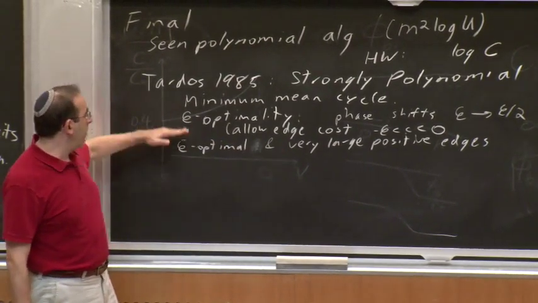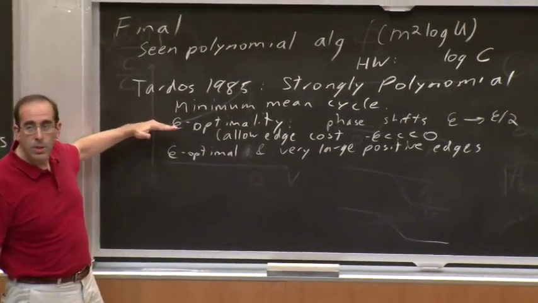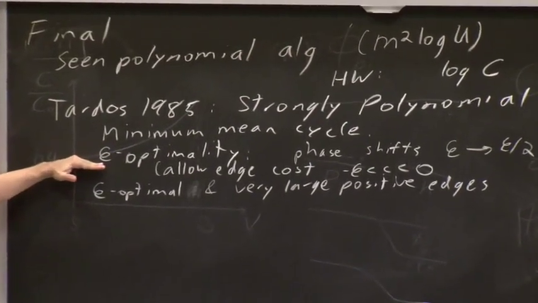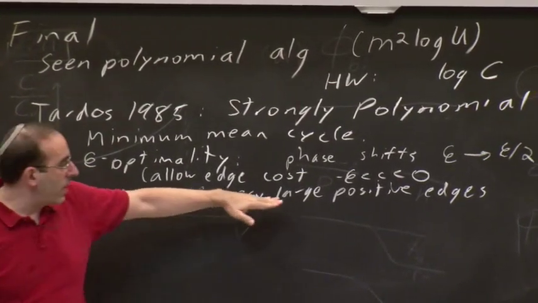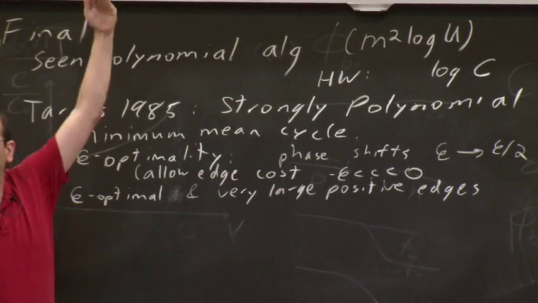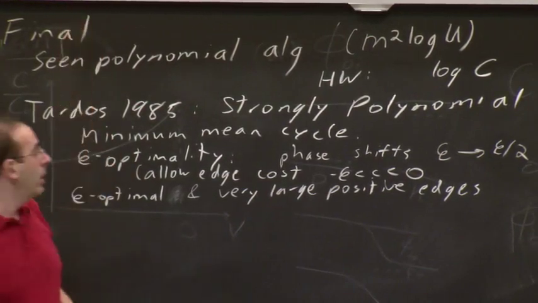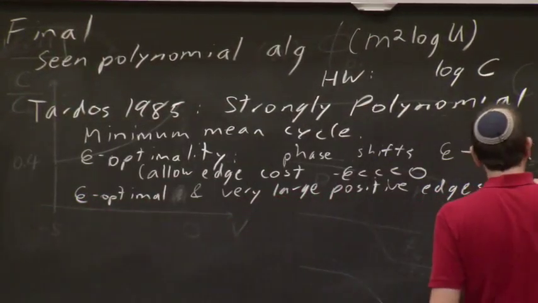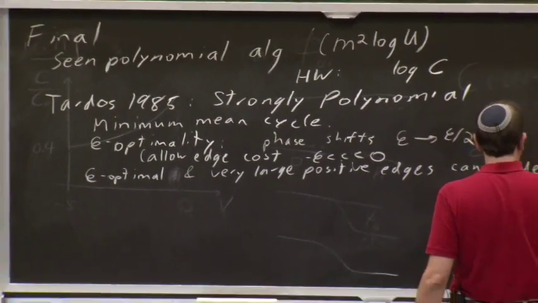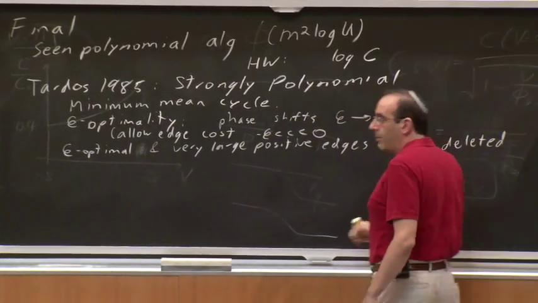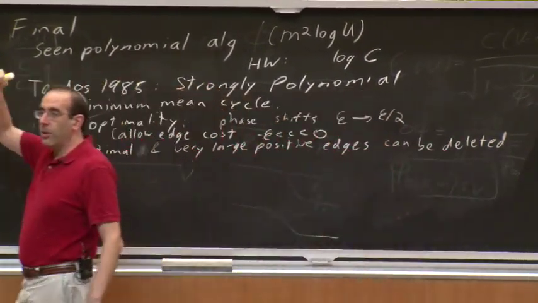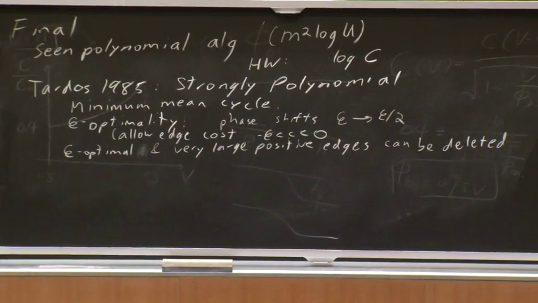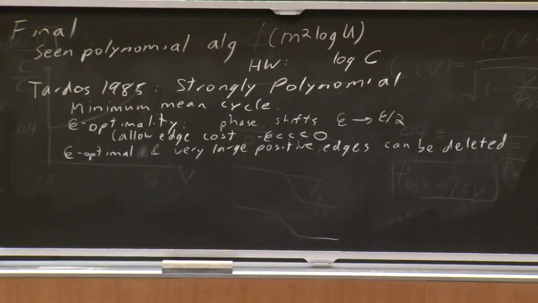Nonetheless, what Tardos proves is that if you're close to having a feasible price function, then if the positive edges are very positive, they have very large value, then they can be ignored or deleted. That is, the value is large enough to give you a signal that you will never send flow on those edges, basically because they're not part of any negative cycle. So they will not be used.